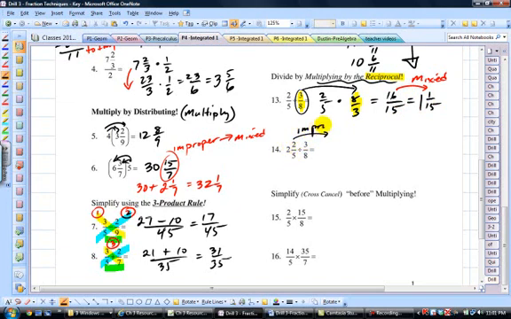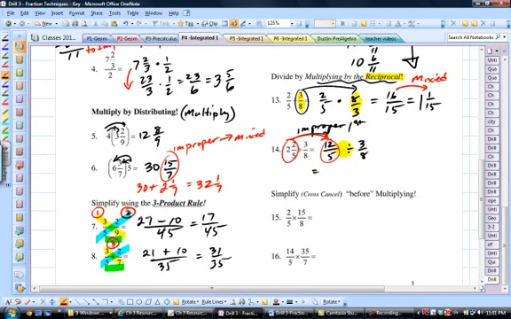Or excuse me, when it's mixed, change to improper. So you want to go improper here before you multiply by the reciprocal, so improper first. So 5 times 2 is 10, plus 2 is 12, so you're going to have 12/5 divided by 3/8. At this point, you want to multiply by the reciprocal, so pause the video and finish up.